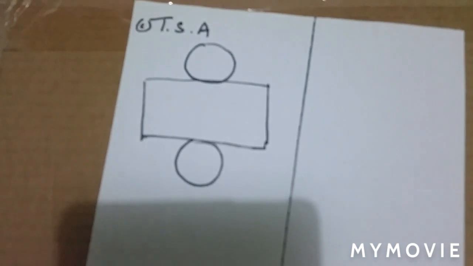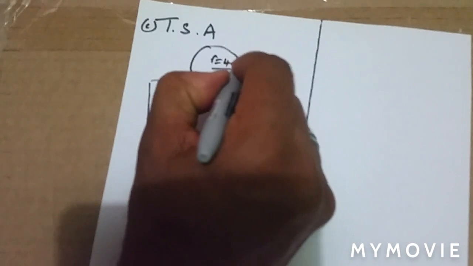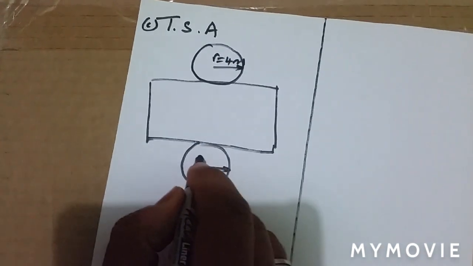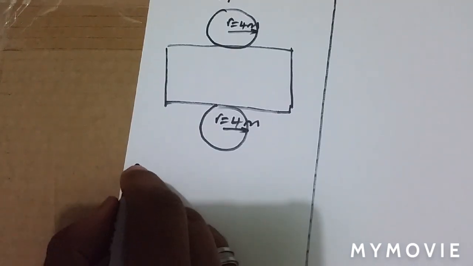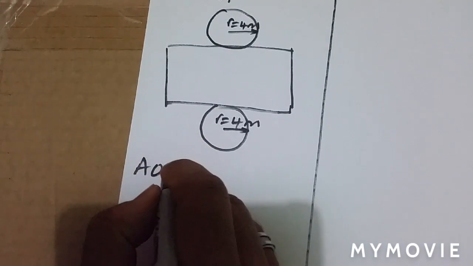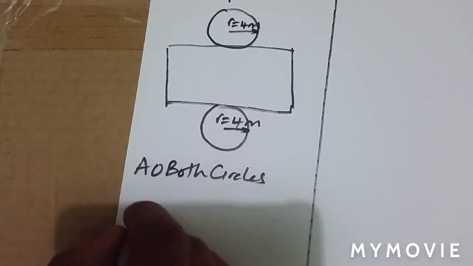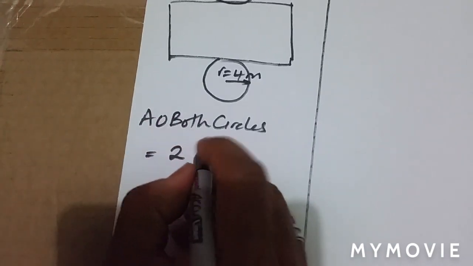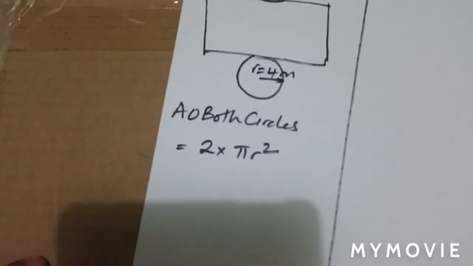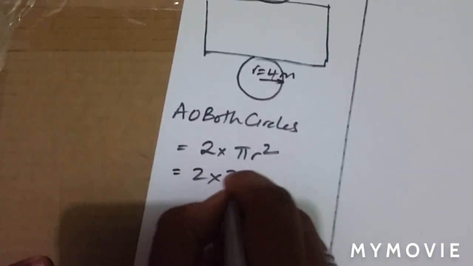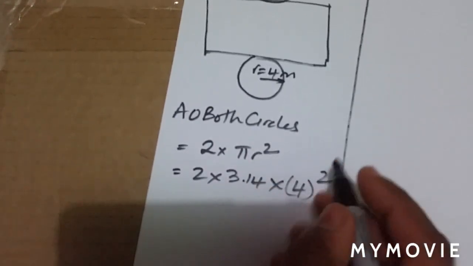So quickly, the radius of the circle is actually 4 meters. Okay, so we can get those two circles out of the way. So area of both circles would be simply 2 times pi r squared. All right, 2 times pi r squared. So it would be 2 times 3.14 times 4 squared.